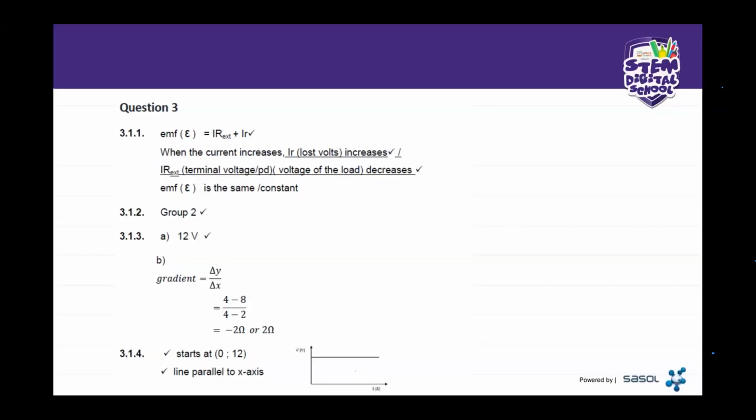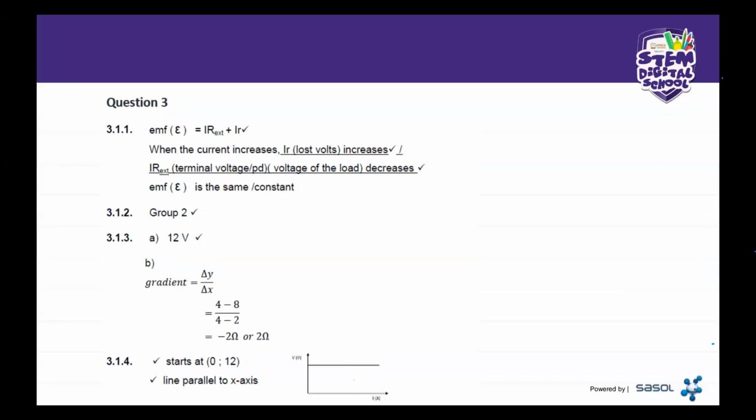Okay, so what do we know about voltage and current? Remember, V is equal to I times R. So an increase in voltage is an increase in current. Start at 0.12.